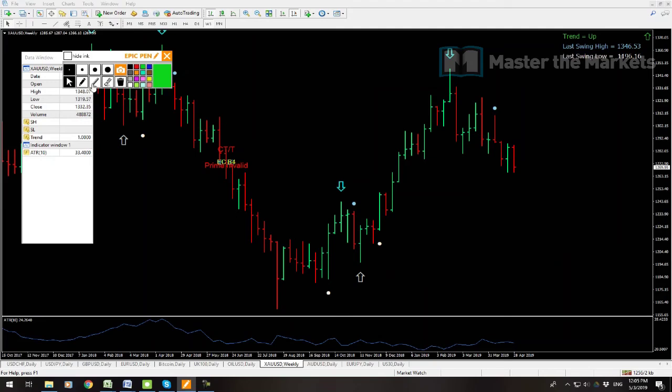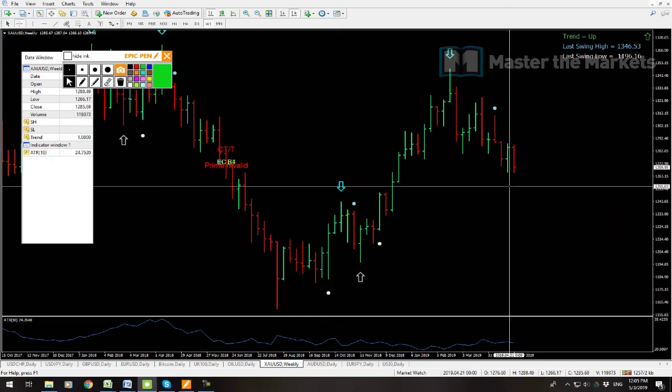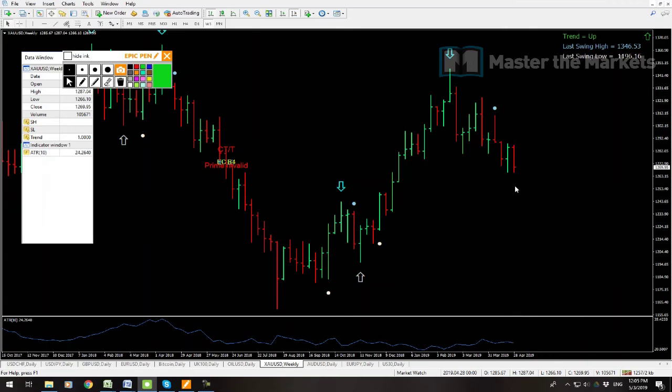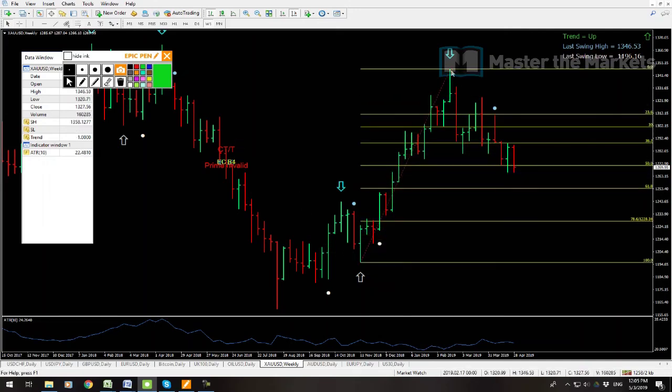What are we actually having over here, really? Let me take a look at the low of that, right? 1266.17. It's already taken it out, isn't it, traders? So we can see where it's going to turn, that's a 50% retracement already.